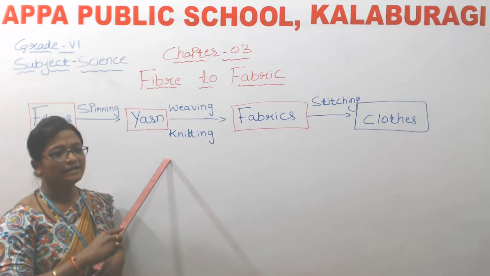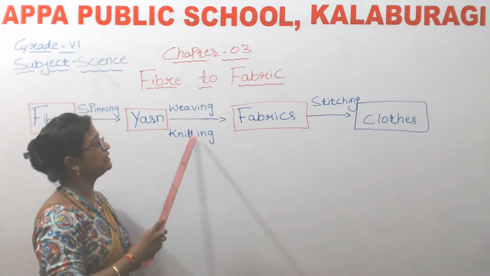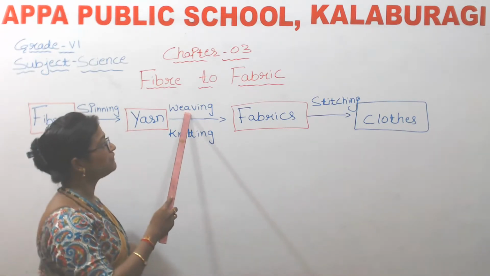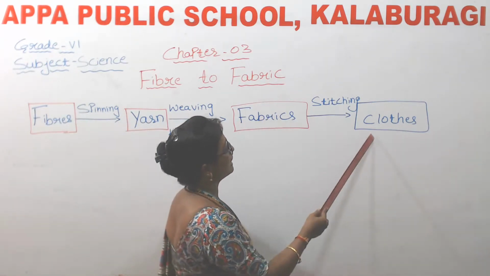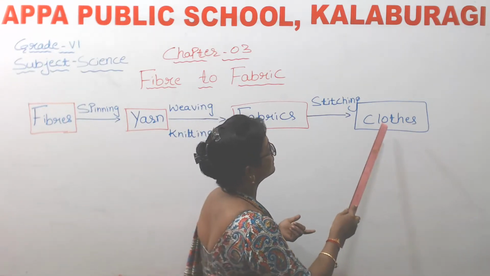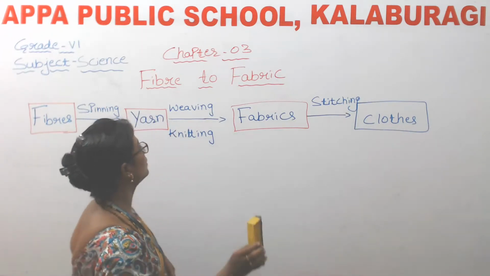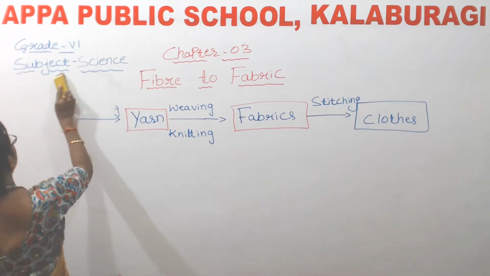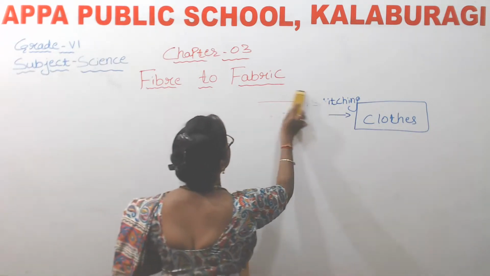Again these yarn are converted into fabrics by two processes: one is weaving and one is knitting. And the fabrics which we get are later converted to clothes by stitching. So this is all about natural fiber and synthetic fiber, and how fibers are converted to fabrics.